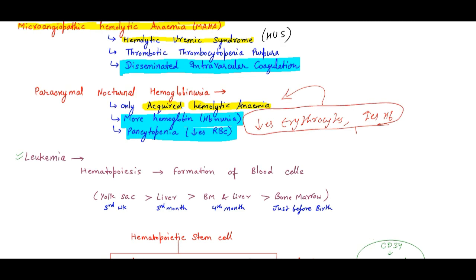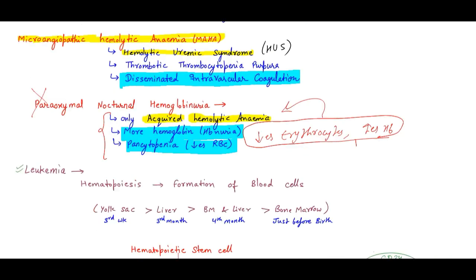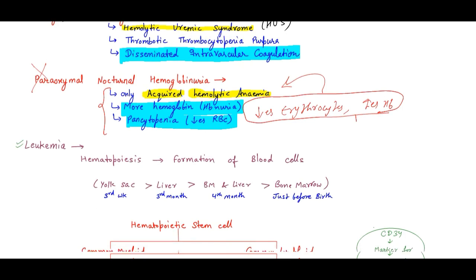The example for that is paroxysmal nocturnal hemoglobinuria. If you don't want to remember this point, just remember these three words: acquired, more hemoglobin, decreased erythrocytes or pancytopenia. So this was about our anemia, the complete anemia. One more is iron refractory anemia, which we will study later.